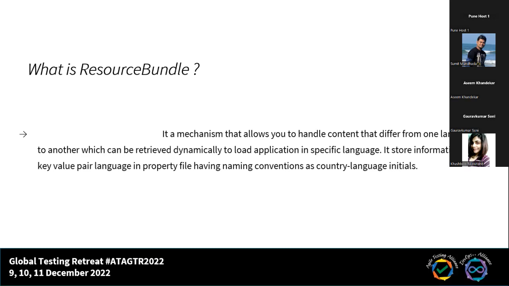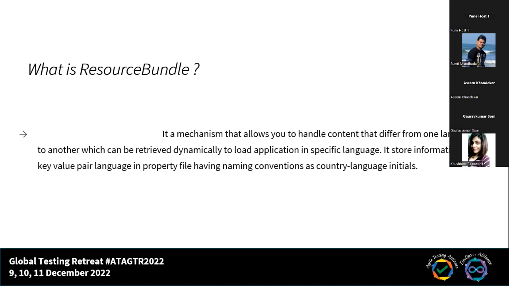So the resource bundle would help you to load specific content, and it is also used by the developer at the same time to load a particular application with the set of content of a particular language. In detail, it works by storing the information which is different from one language to another in key value form.